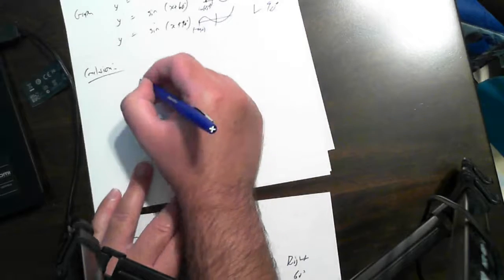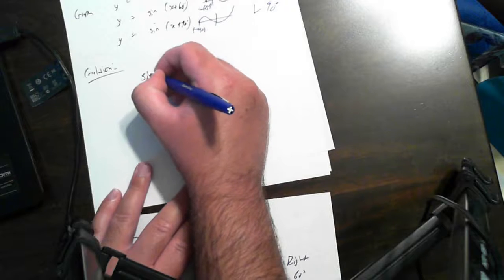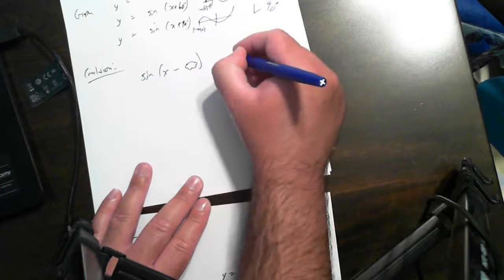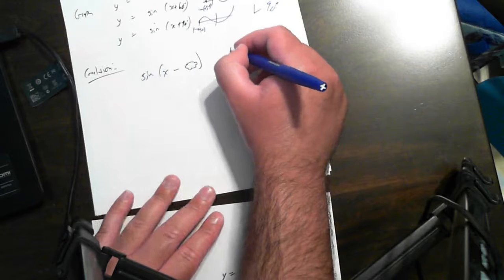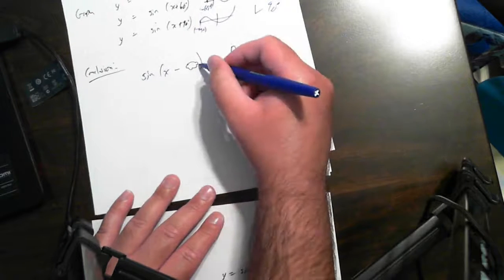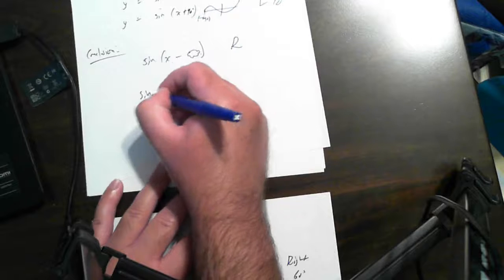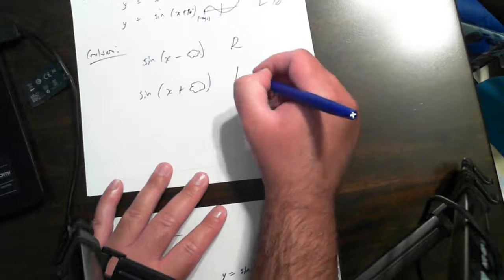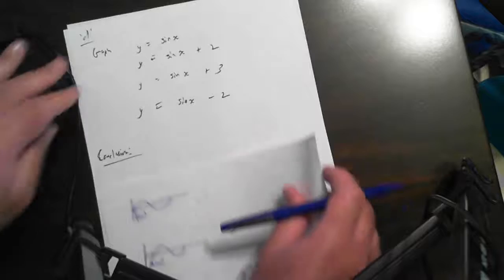So the conclusion here is that if I have sine of x minus some number, that tells me that I went right this many units, whatever this number is. If I have sine of x plus this number, that tells me that I went left this many units. Okay? Alright, last one now, looking at D.